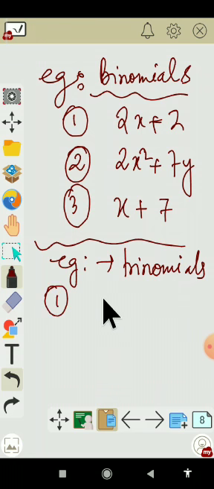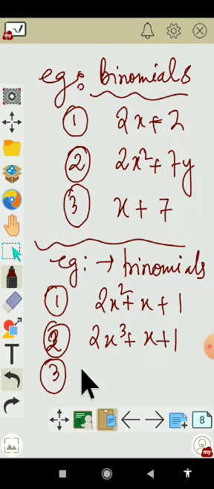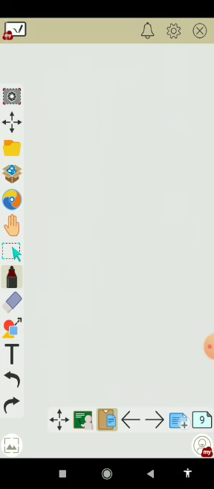Similarly, examples of trinomial. First example, 2x square plus x plus 1. Second example, 2x cube plus x plus 1. Third example, x to the power 10 plus x plus 1. Now quadrinomial.